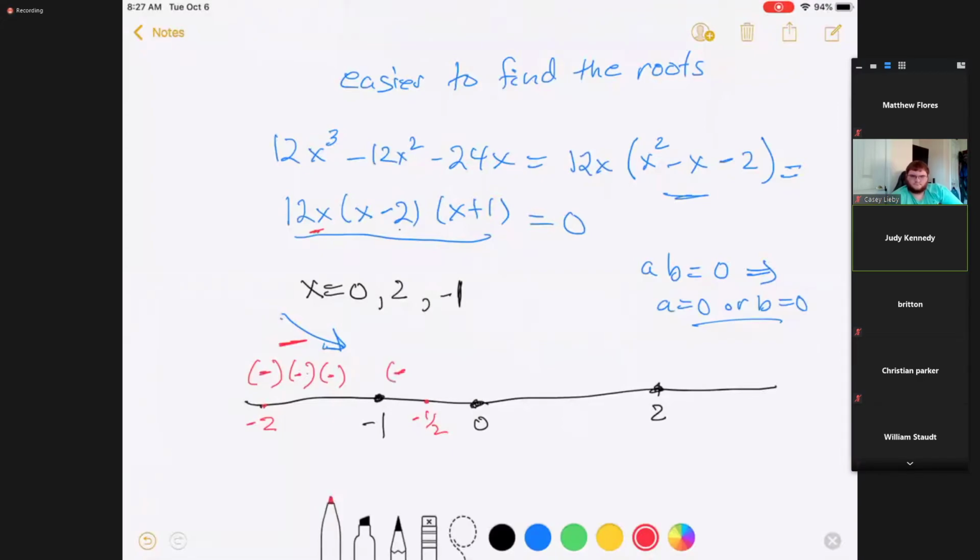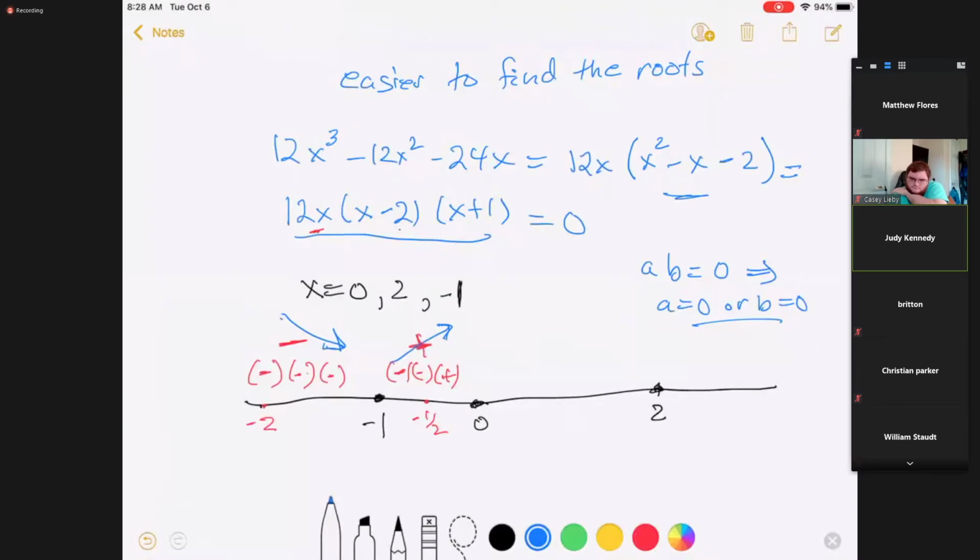Minus 0.5 minus 2 is minus 5/2, that's negative. At minus 0.5, minus 0.5 plus 1 is positive. So I have minus times minus times plus. That's going to be positive. And that means the derivative is positive on the entire interval and the function is increasing. Okay.